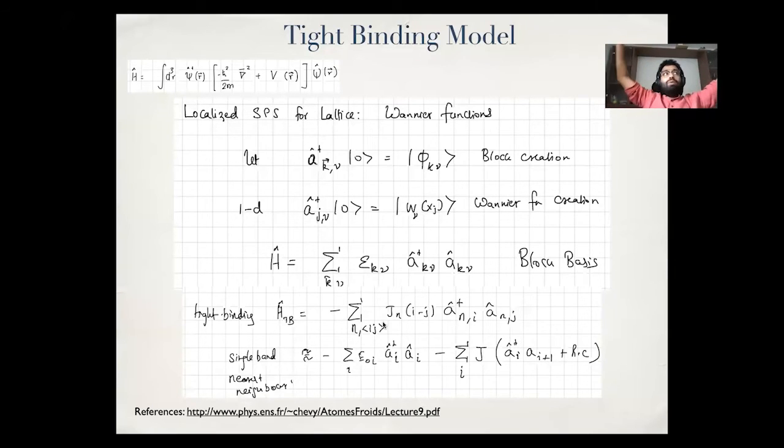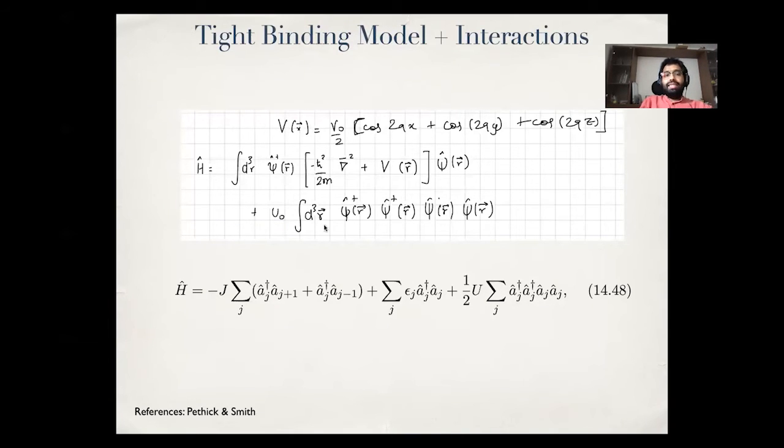But once my potential strength is large enough, only nearest neighbor tunneling is enough. And that is why I have written it as A i dagger A i plus 1. And I can also restrict the physics to a single band, because the higher bands are at a different energy, and I'm always going to be in a single band picture. Okay. So this is the physical description of atoms in an optical lattice.